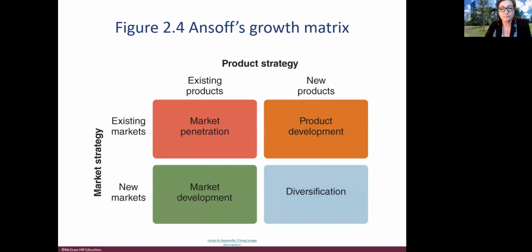a hybrid model. Okay, this slide is showing us Ansoff's growth matrix. And what we are looking at here in the first instance, look at the outside of this graphic. On the vertical axis, we're talking about market strategy, whether we are targeting existing markets or markets that we haven't targeted before, new markets.